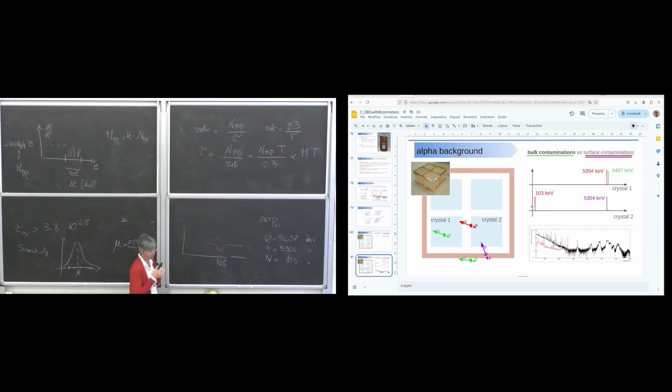So you see this event in crystal 1 produces a count in correspondence of the Q value. This in the copper, or just outside the copper, does not produce any event count in my spectra.